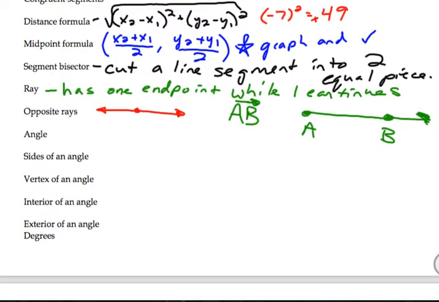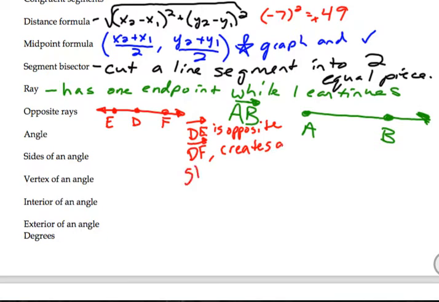What that does when you have opposite rays is if we had labels here like E, D, F, we would have said things like D through E is opposite D through F. And we also would have said it creates a straight line. Then we have straight lines, so we got to know a lot of things about 180 degrees.